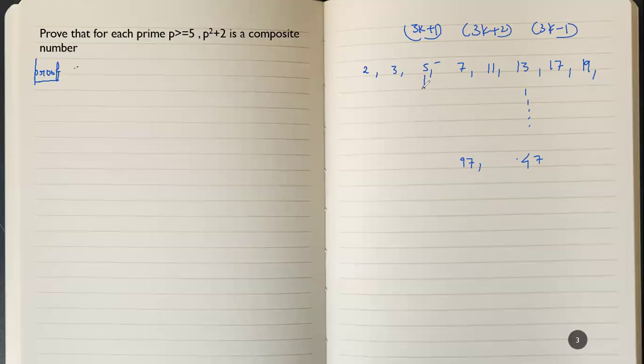Now see, 5 can be written as 6 minus 1. 7 can be written as 9 minus 2 or 6 plus 1. 11 can be written as 12 minus 1. 13 can be written as 12 plus 1. 17 can be written as 15 plus 2 or 18 minus 1. 19 can be written as 18 plus 1. 97 can be written as 96 plus 1, and 96 is a multiple of 3.